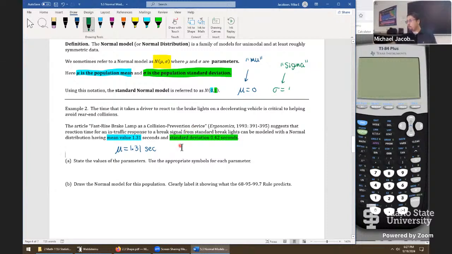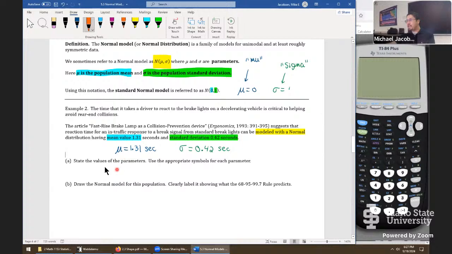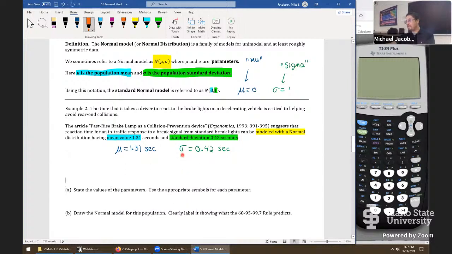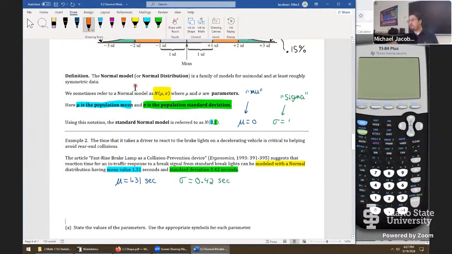Likewise, if we're modeling with a normal model, these things are parameters, and now we use sigma equals 0.42 seconds. Absolutely. Well, let's add that comment here that the reason we're not using X bar and we're not using S is because we're modeling a population. Here, we're going back to parameters.